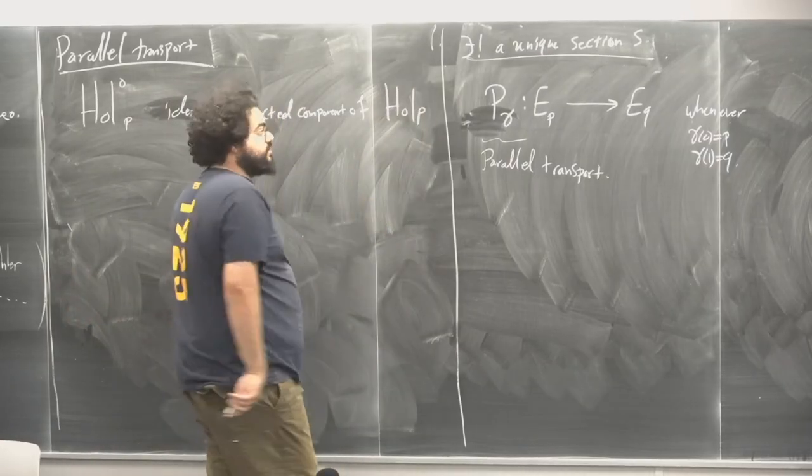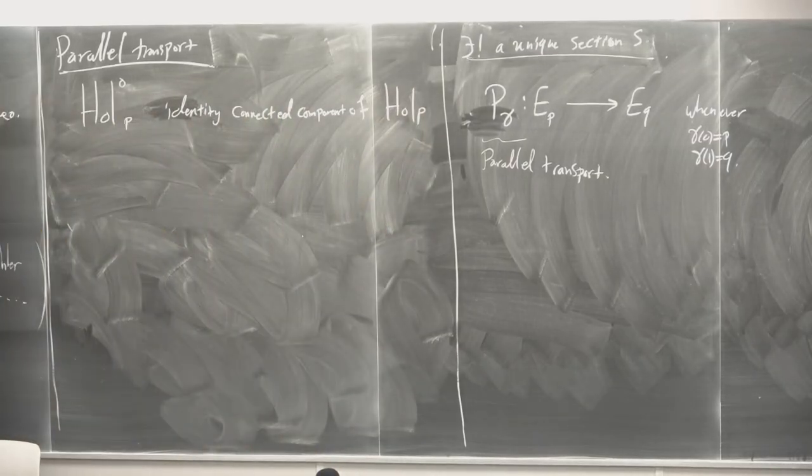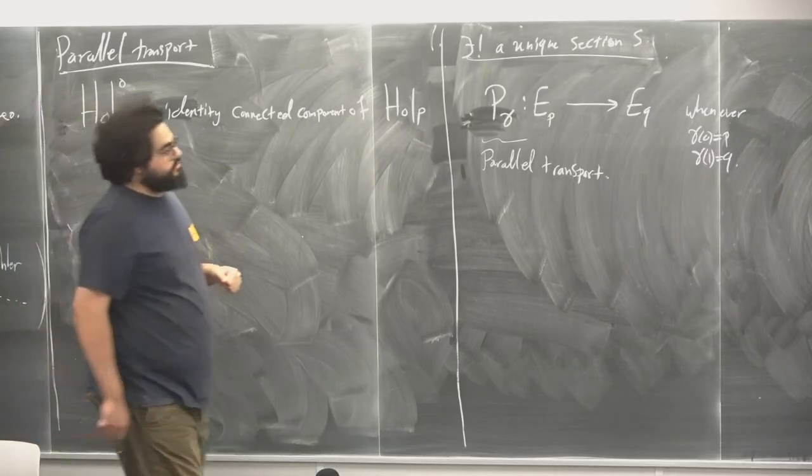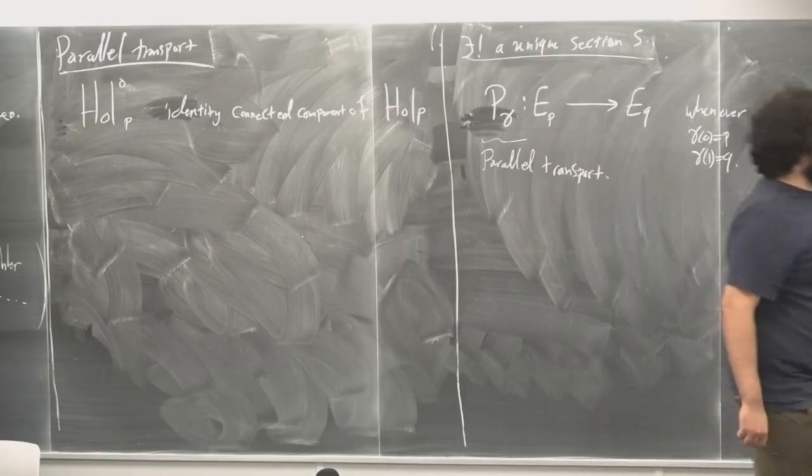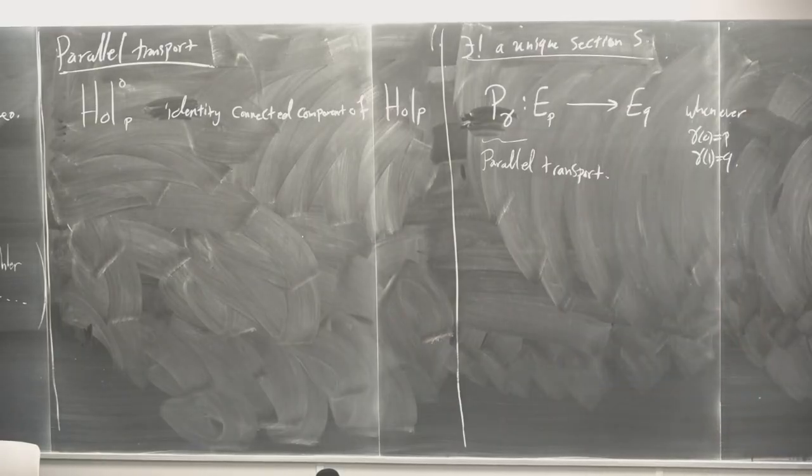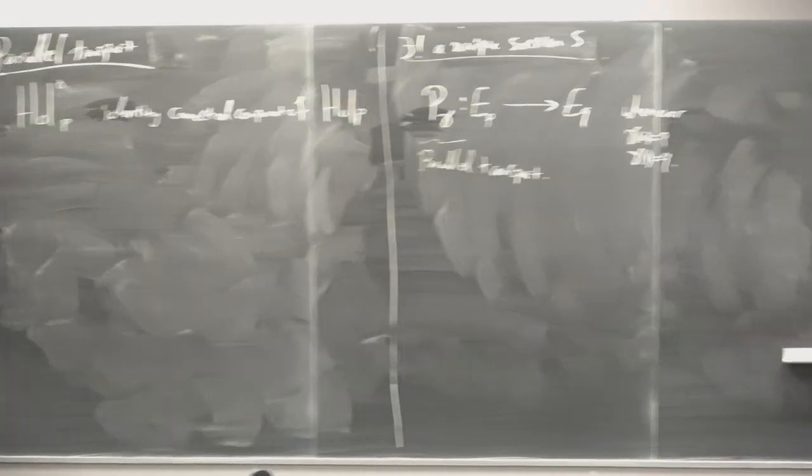Okay, so Hol_P in general is not connected. But it's going to be, I didn't mention this, it's going to be a Lie group. I should have said this here. Where did I write it? Here, yes. So Hol_P is a Lie group.